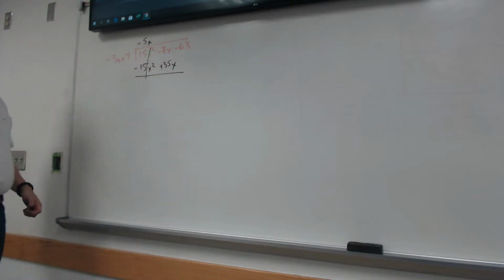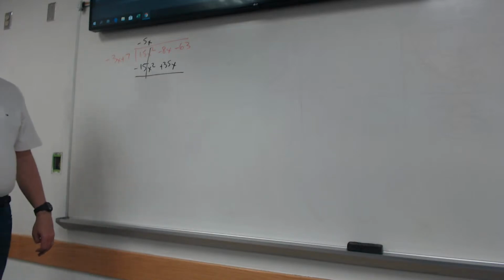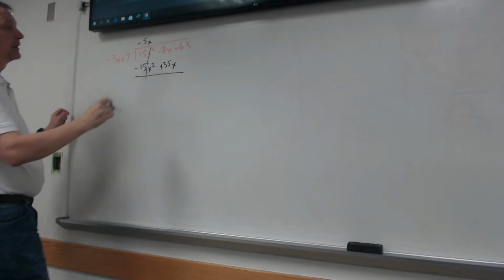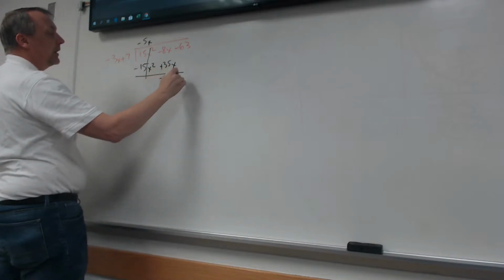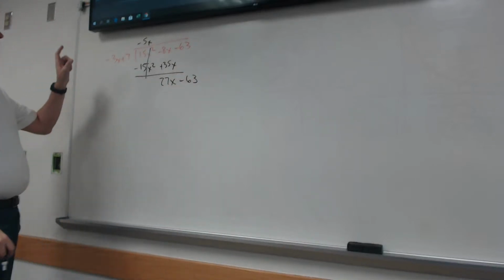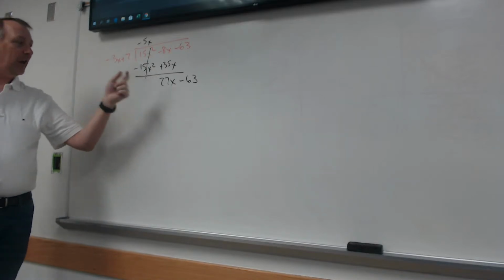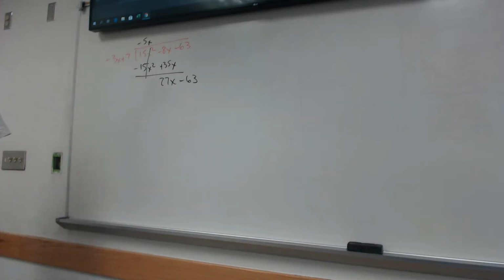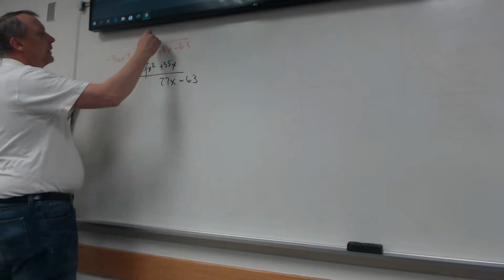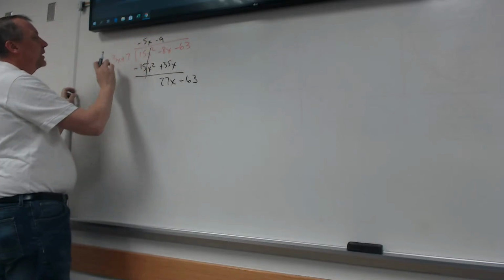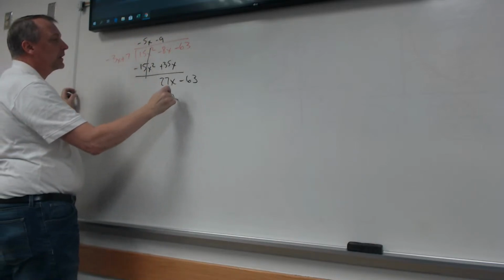35x minus 8x is 27x. I'll bring down my 63. Okay? Because negative 3x times what is 27x? Negative 3 times 9. Negative 9. Negative 9 times negative 3x is negative 27x.